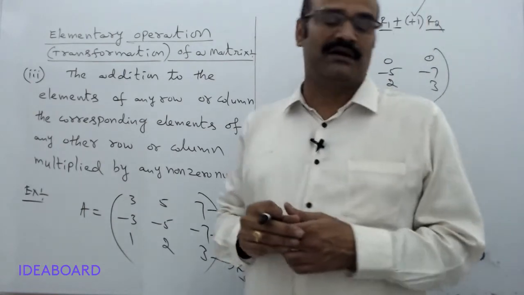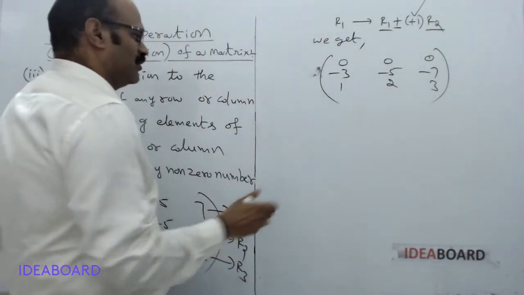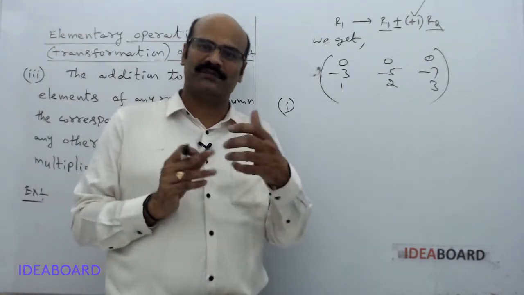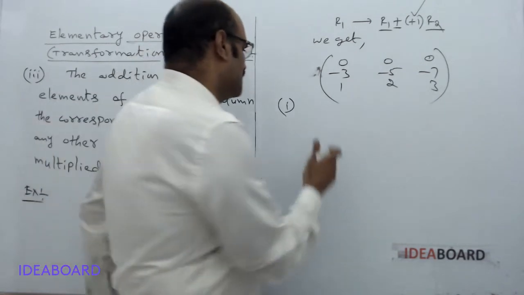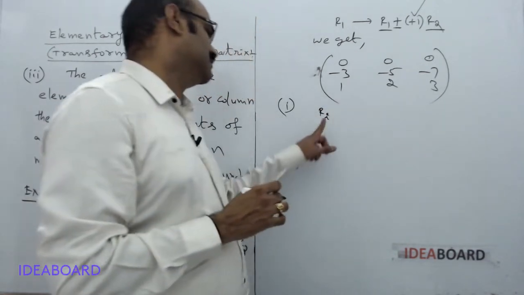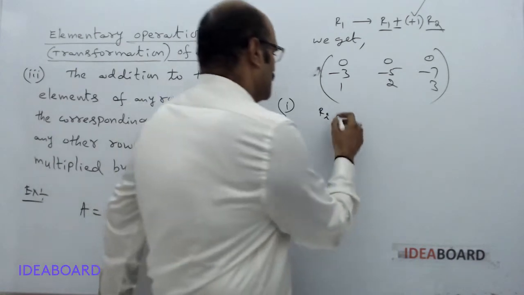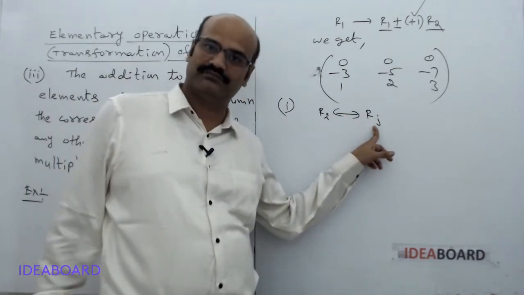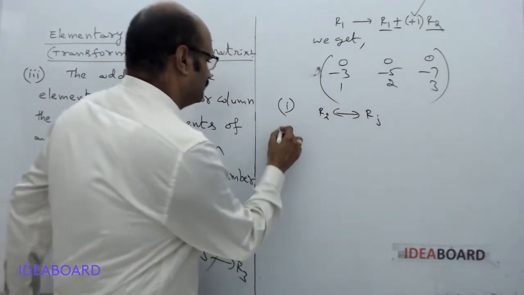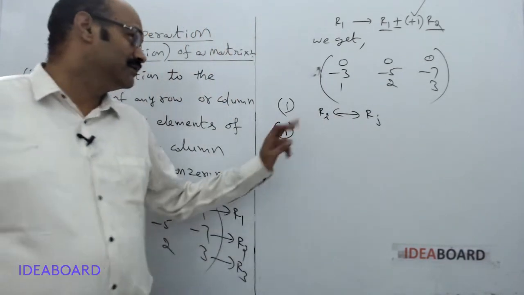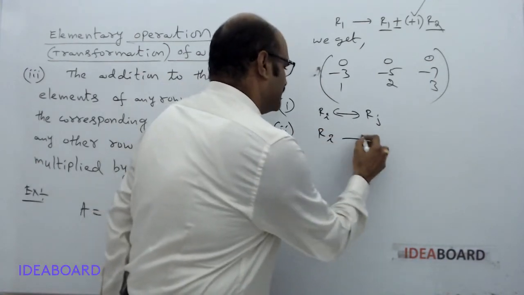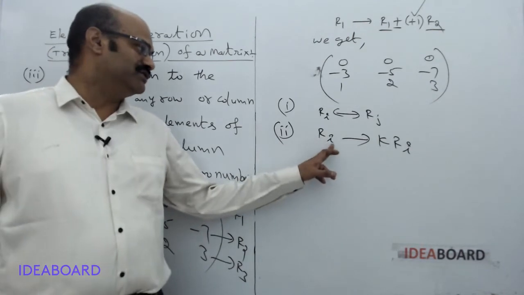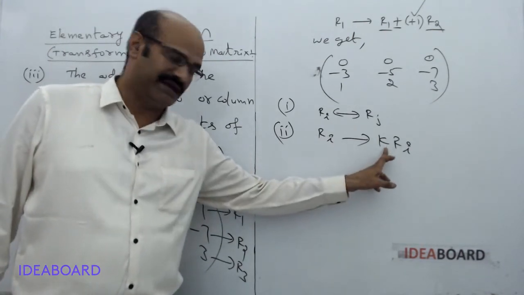Now, once again, I will write symbolically all three properties. First one is, any two rows or any two columns can be interchanged. That means Ri and Rj, the ith row and jth row, can be interchanged. Next, the second one: Ri implies k into Ri, the ith row is multiplied by the scalar k.